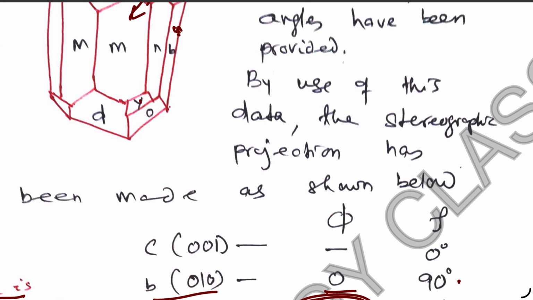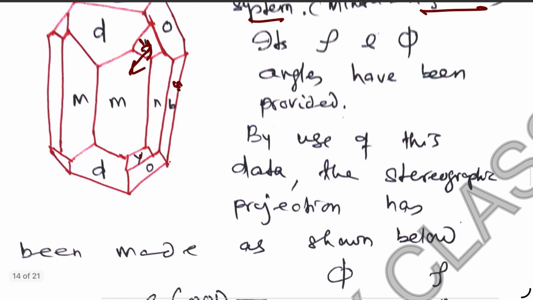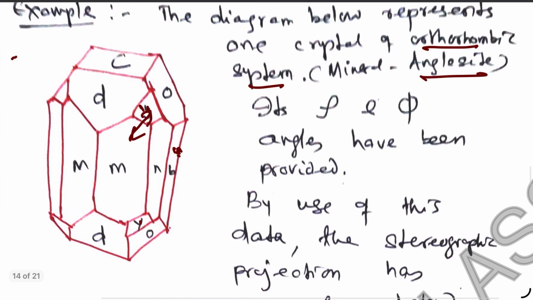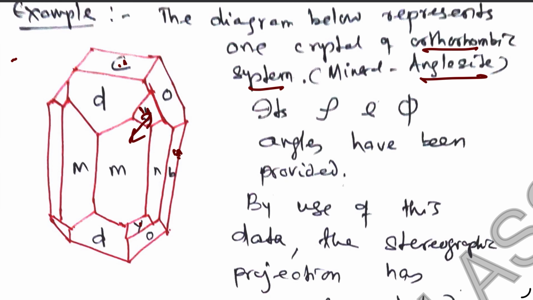It is drawn in this manner because it is not having direct link with this face. That's why we make use of the circles, great circles, small circles, and through that we locate the face in the stereo diagram.